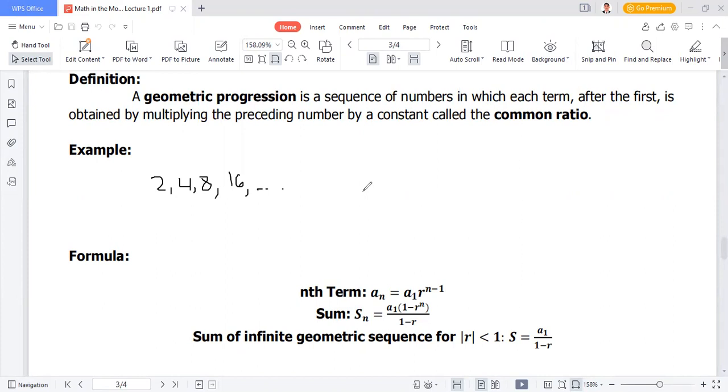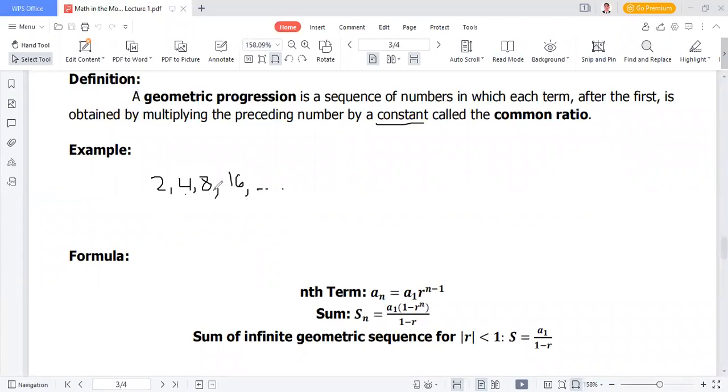So, ito yung sequence na yung pattern niya, nagmo-multiply lang yung mga terms by a constant. Okay? So, for example, yung 2 multiplied by 2, that is 4. And then for the next term, magmumultiply lang ulit ng 2.